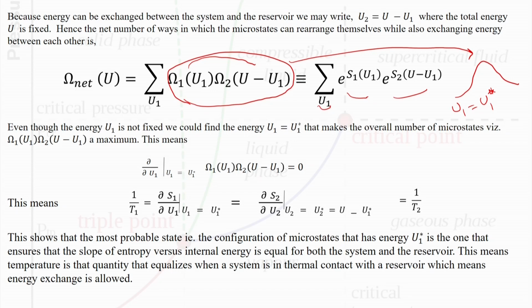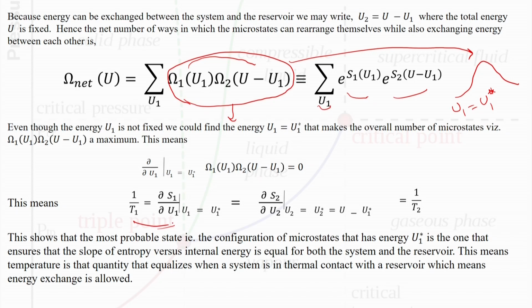How do you determine that? You simply differentiate this quantity and set it equal to 0 at U1 star, as you very well know. That is how you find the extremum of a function. Given that these omegas can be expressed in terms of the entropy, that eventually amounts to doing this.